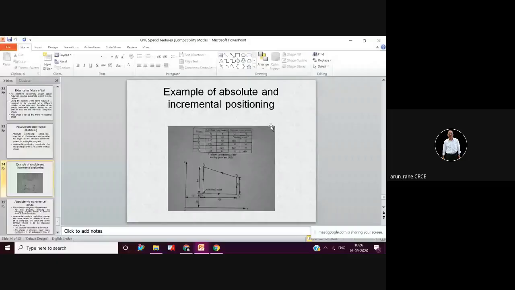So this is the example which you wrote down yesterday.